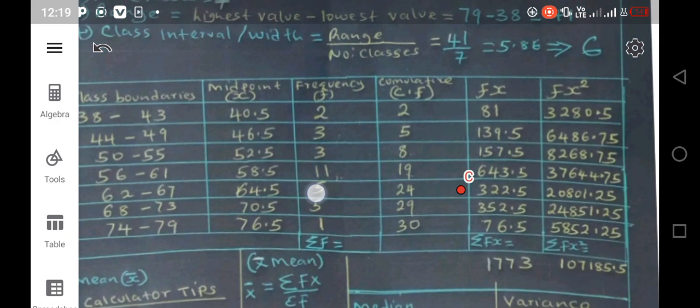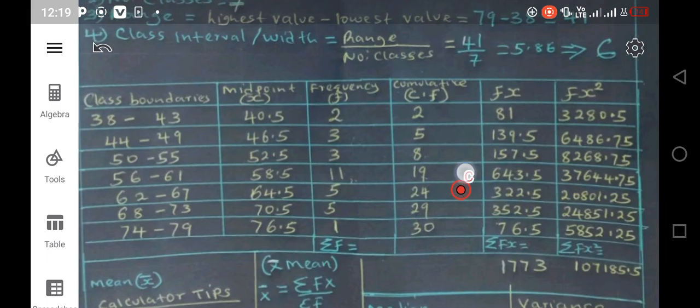Now let's go to what we call fx. Fx is good for us to find the mean. F of x is just you multiply the frequency times the midpoints.